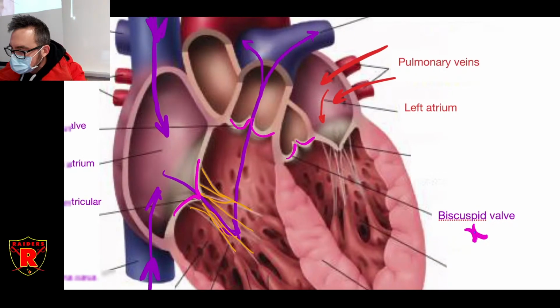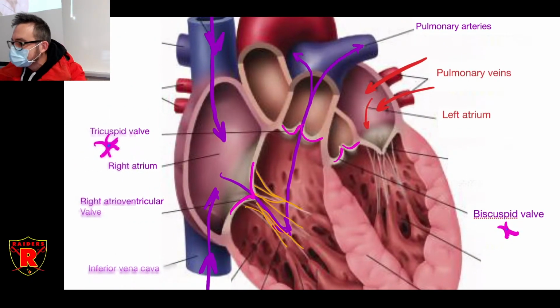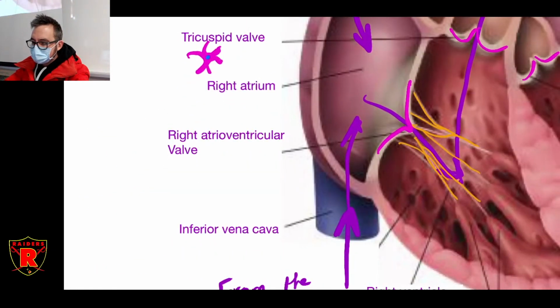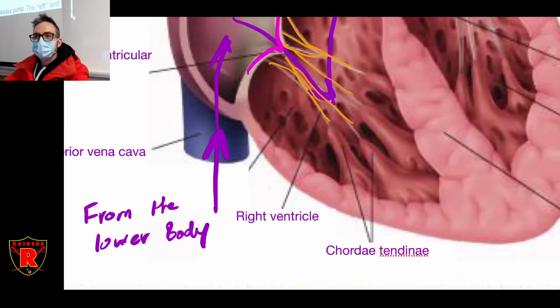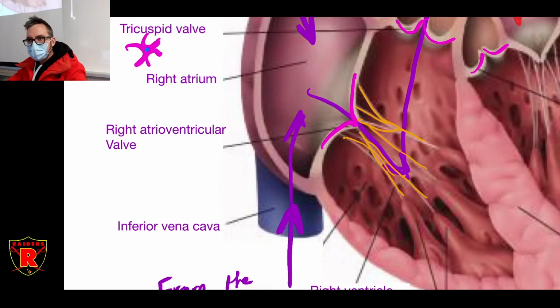One thing that's really important to note here is that when we're looking at this diagram of the heart, I'm labeling all the stuff over here as right this, right this, right this, but it's on the left side of the diagram, right? That's confusing.